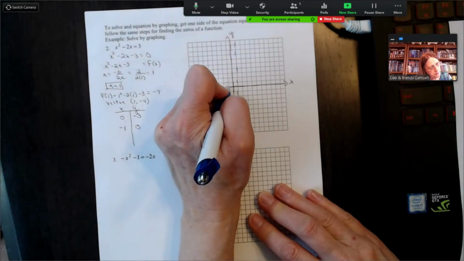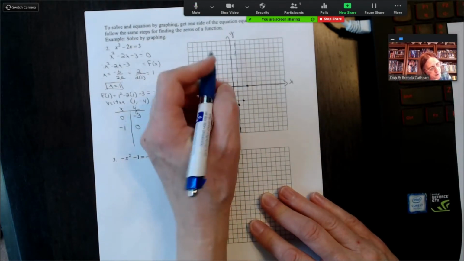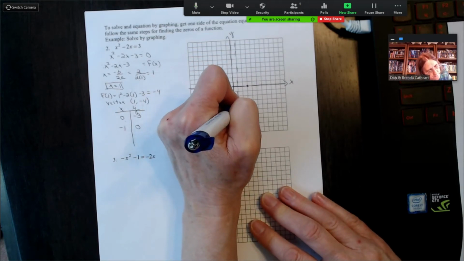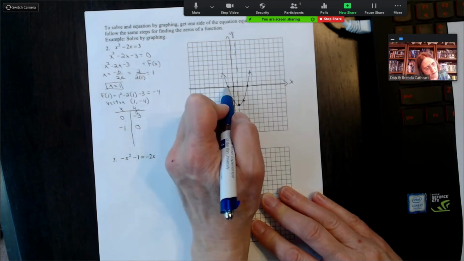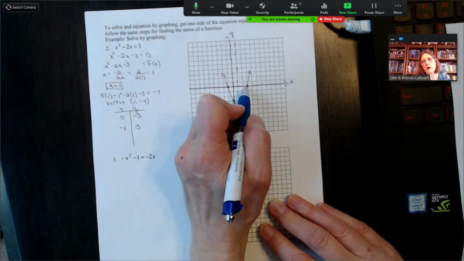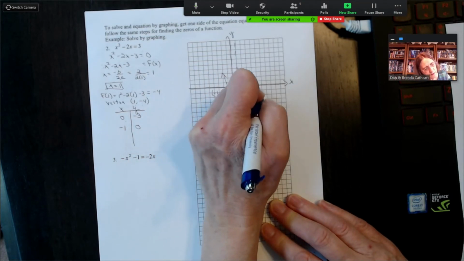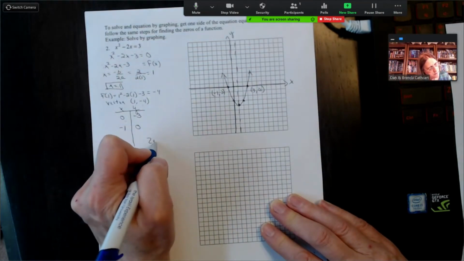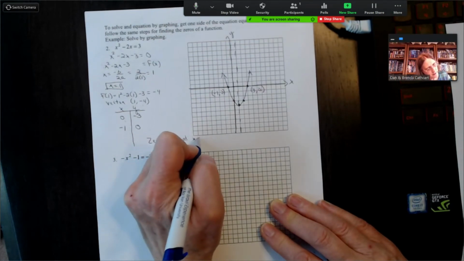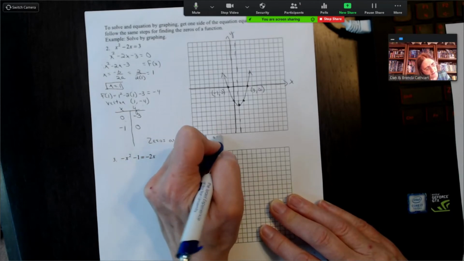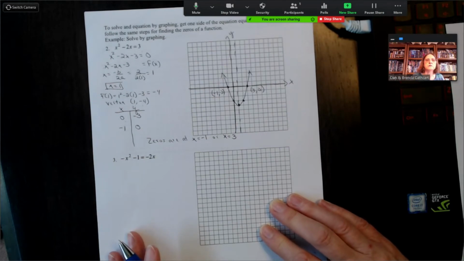And at negative 1, 0, reflecting over the line of symmetry, and we have our graph. The zeros, the places where y is 0, are at the ordered pairs negative 1, 0 and 3, 0. So our zeros are at x equals negative 1, and the other 0 is at x equals 3. So we have 2 zeros.